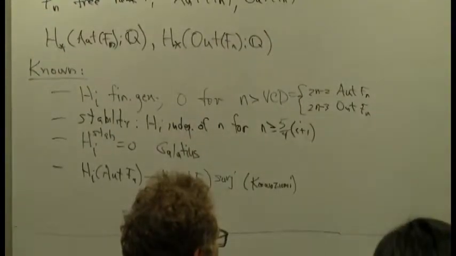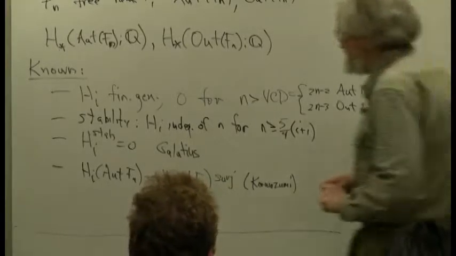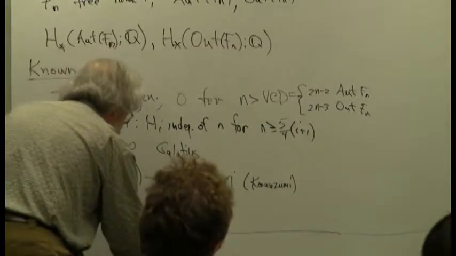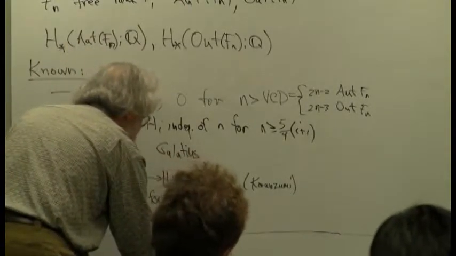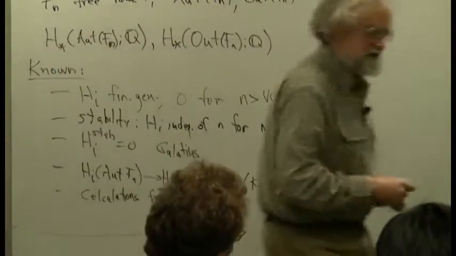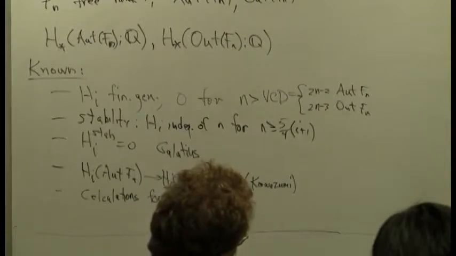Okay, so there have been some low-dimensional calculations using computers. But they don't go very far because it just gets too hard. So these are for small i and n. Of course, you can use stability in some cases to extend the range a bit farther.